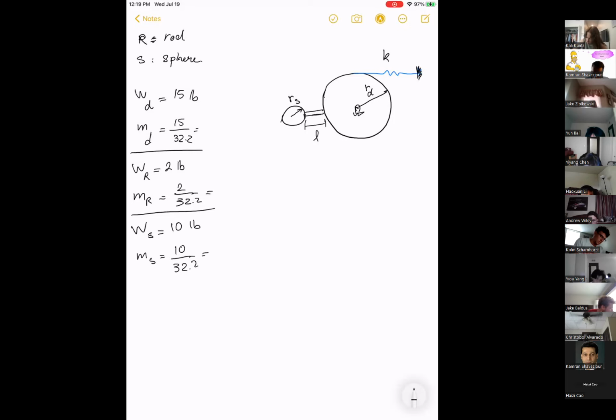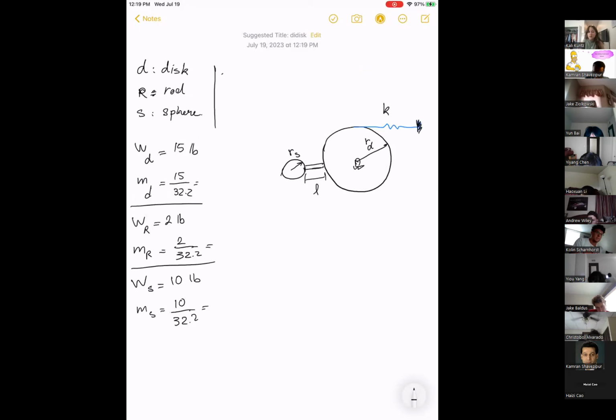So also L is 1 foot. The radius of a sphere, RS, is 0.5 foot. And the radius of disk is 2 feet. Okay. K for the spring is 4 pounds per feet. And X1 just simply gives you 1 foot. So this is all the information you need.